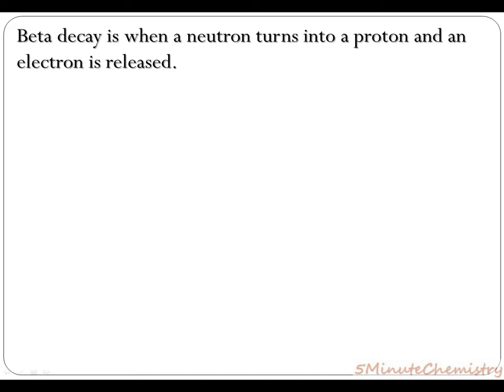So in this process, we're taking a neutron, which you'll recall has a larger mass than the proton. This neutron is going to split into a proton and an electron, and that electron is released.